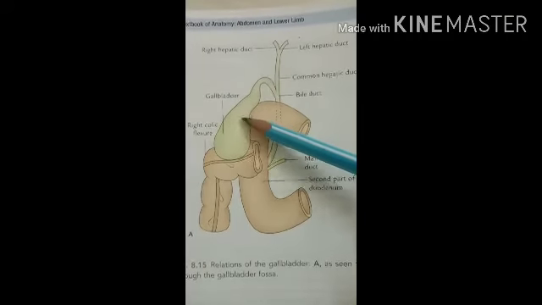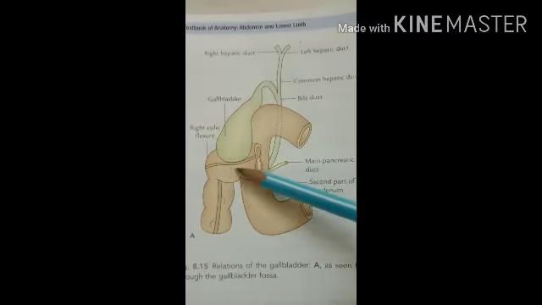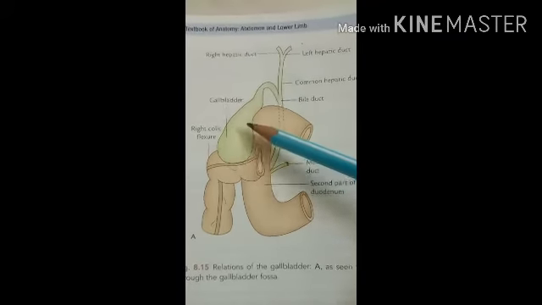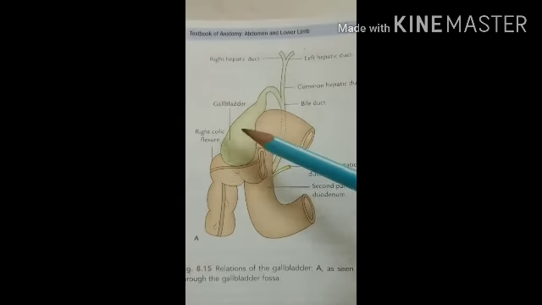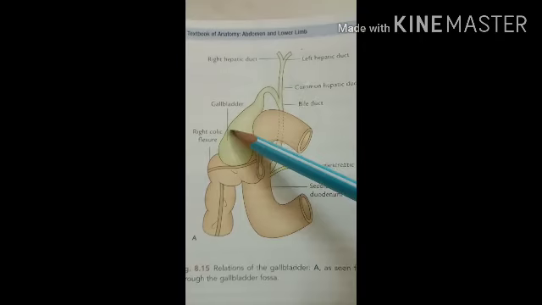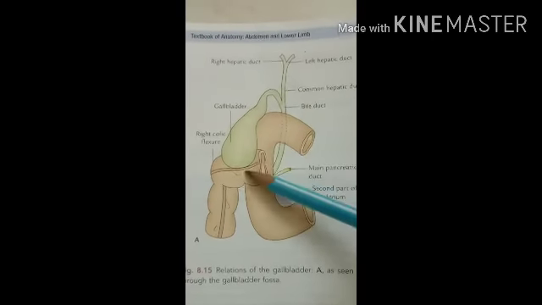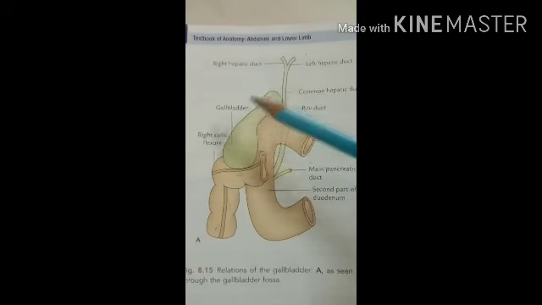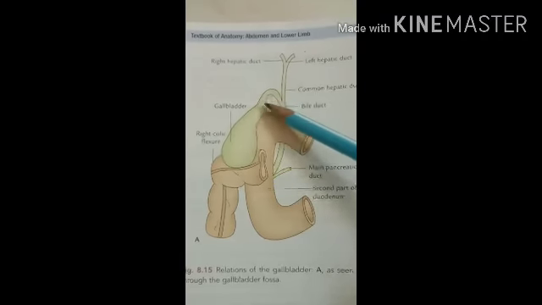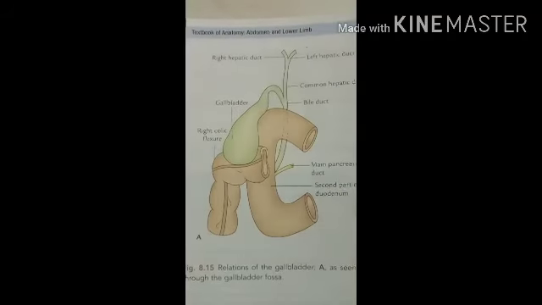The innermost layer is the mucous membrane, loosely connected with the fibrous layer and elevated into minute rugae, which give a honeycomb-like appearance. Here the small openings in the interior of the gallbladder are seen like a honeycomb. The epithelial lining consists of a single layer of tall columnar cells. So that is the histology of the gallbladder.